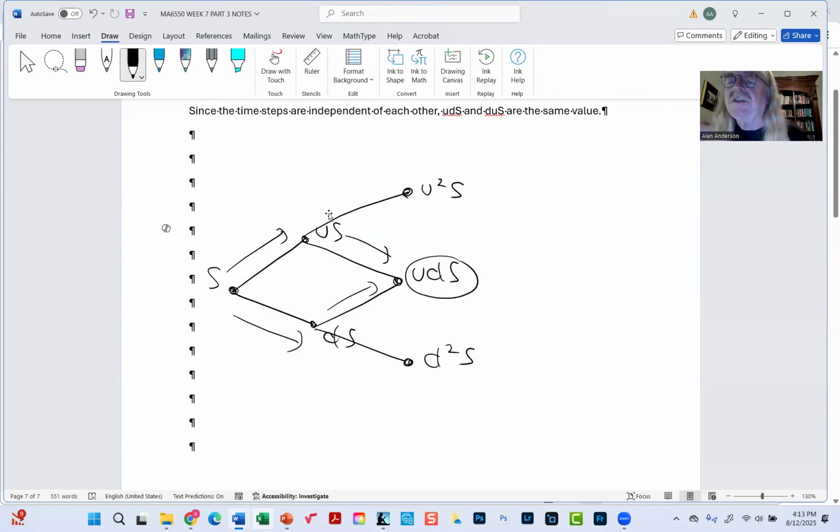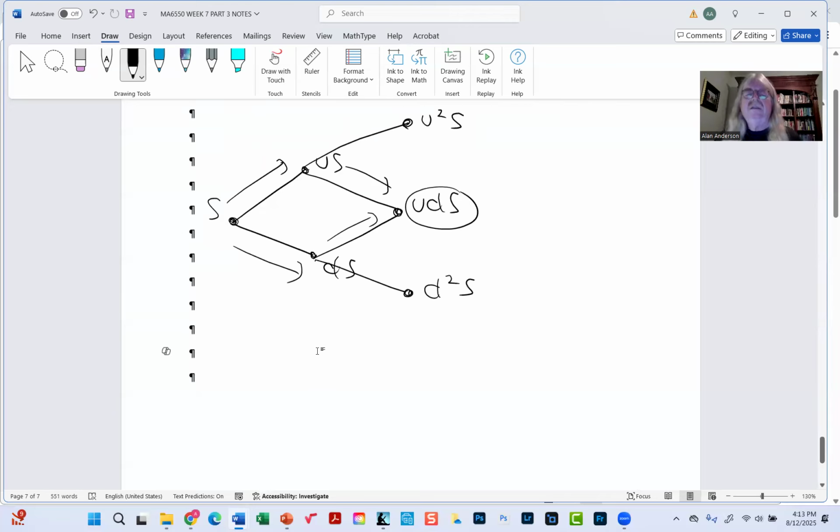Now that's a conscious decision, by the way. It doesn't have to work out that way, but it's done to minimize the amount of calculations that are needed.